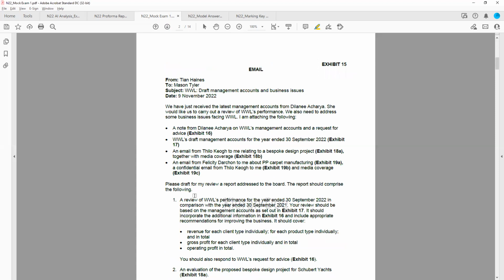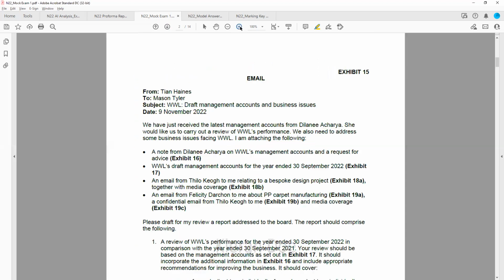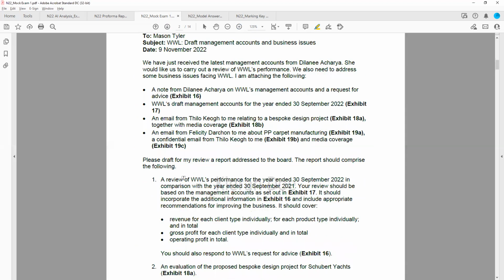So if we look at requirement 1, we can see that requirement 1 wanted a review of WWL's performance for the year ended 30th of September 22 in comparison with the previous year, just as we would expect, and as is always the case in requirement 1.